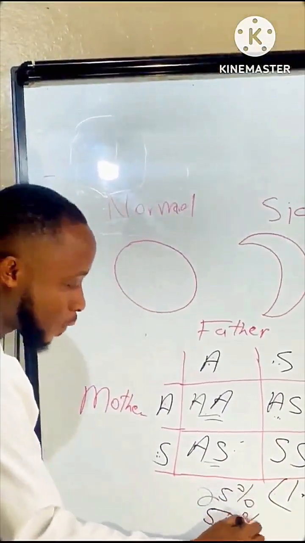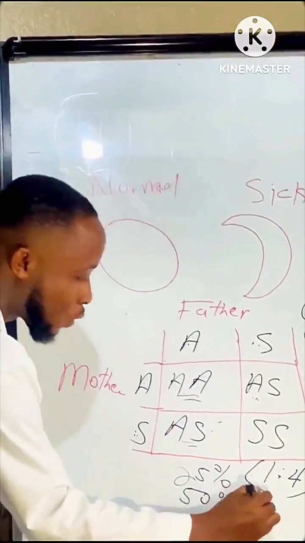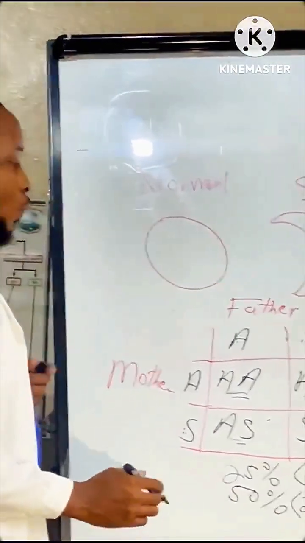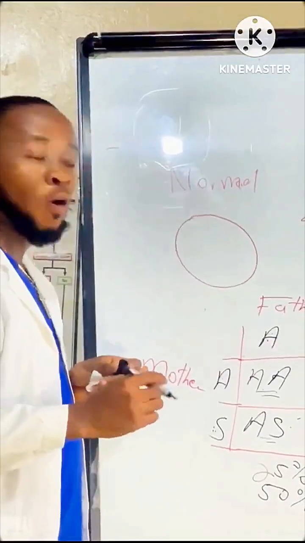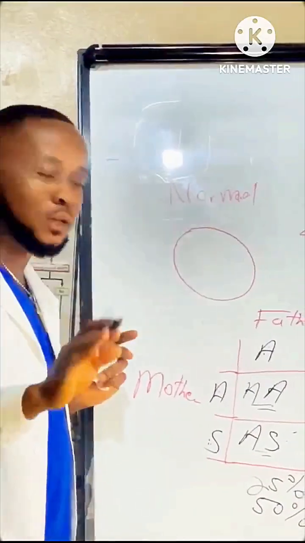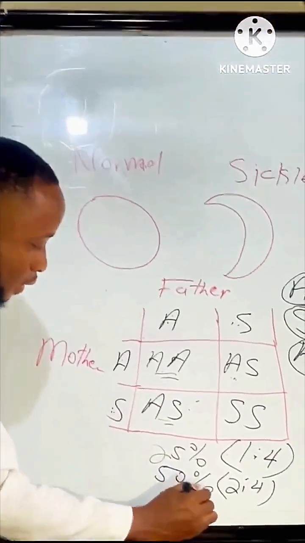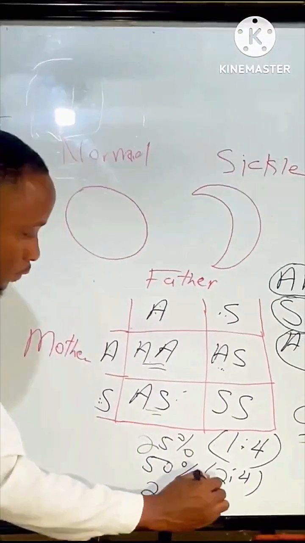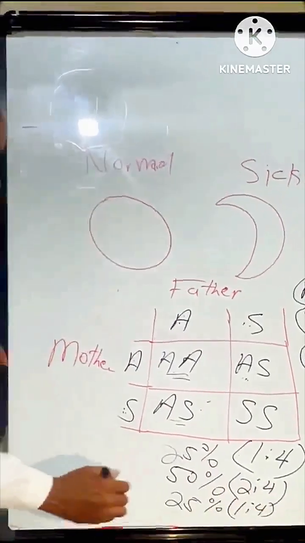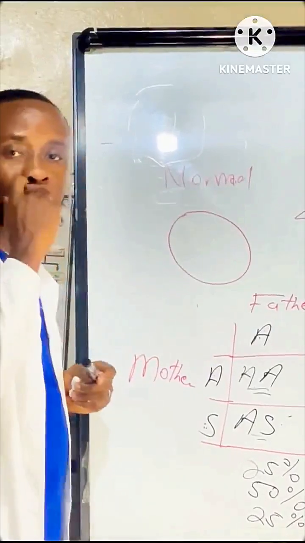What is the percentage? 50%. So it will be like 2 in 4 children. What is the percentage of non-carrier and non-affected persons? It is also 25%. I mean, 1 in 4 children does not have sickle cell.